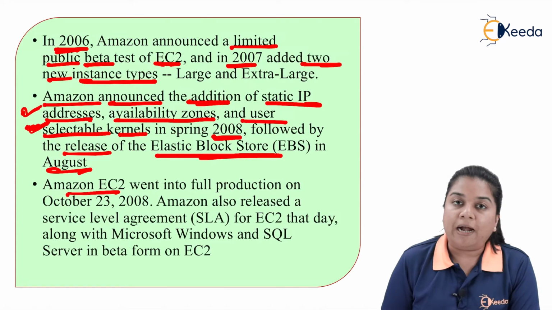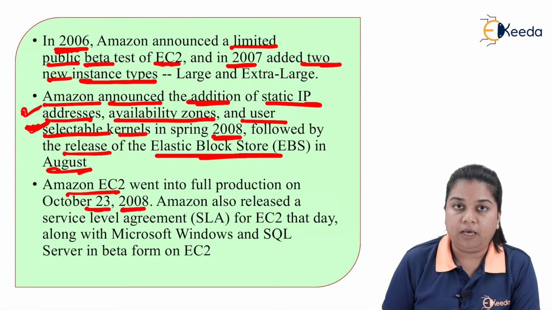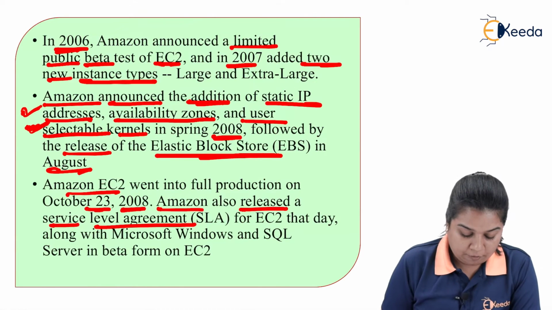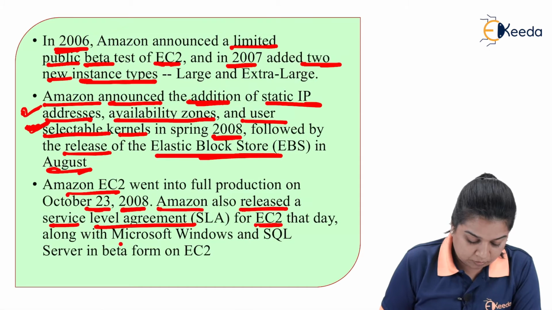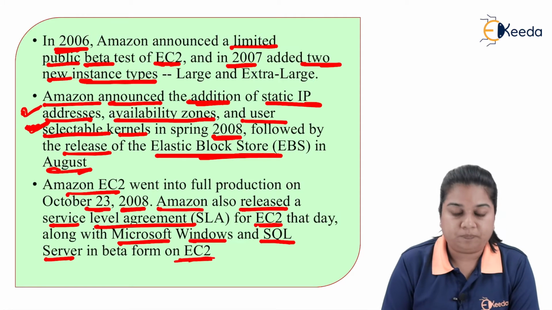Amazon EC2 went into full production on October 23, 2008. Amazon also released a service level agreement, that is SLA, for EC2 that day, along with Microsoft Windows and SQL Server in beta form on EC2.